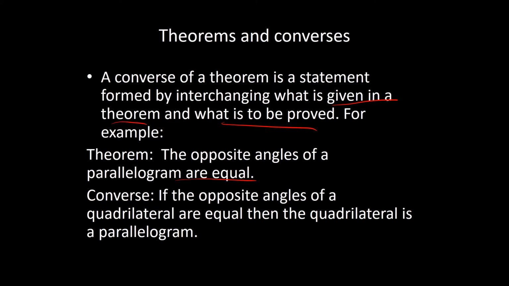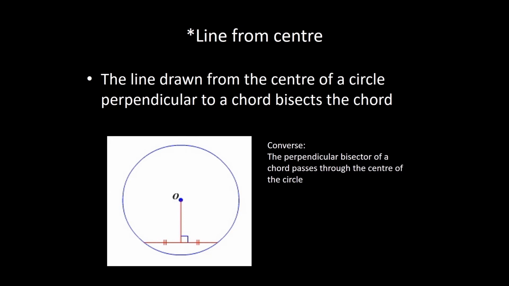The converse would be: if the opposite angles of a quadrilateral are equal, then the quadrilateral is a parallelogram. So we interchange what is given and what is to be proved. All right. So in your grade 11 exam, you are expected to know how to prove certain theorems. You are not expected to know how to prove the converses.